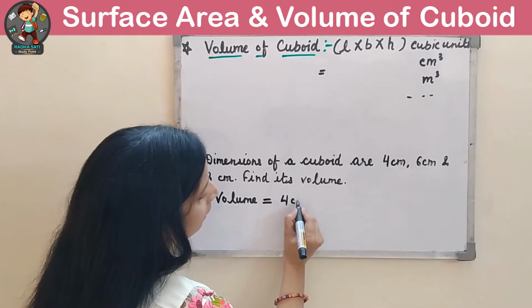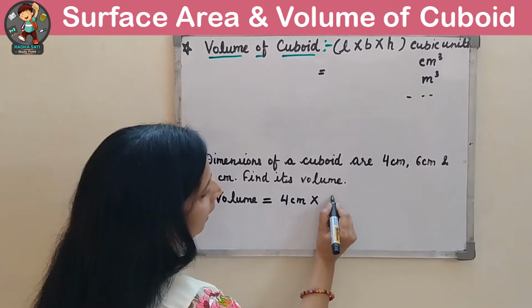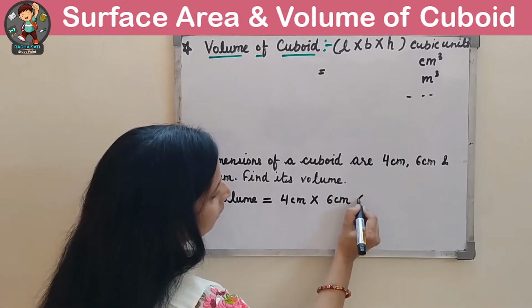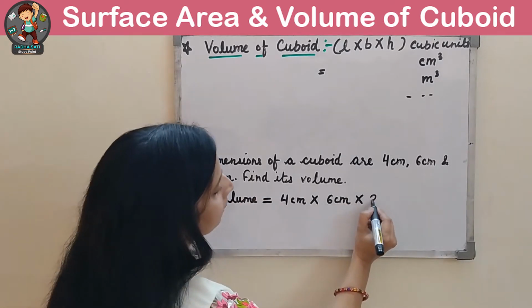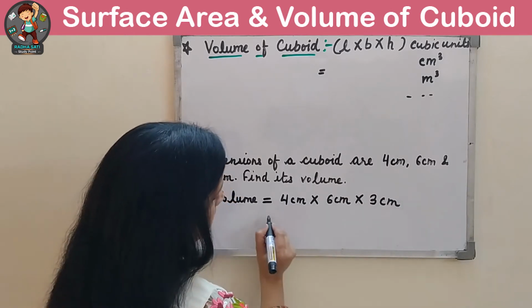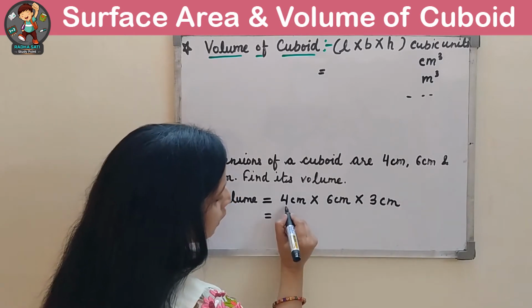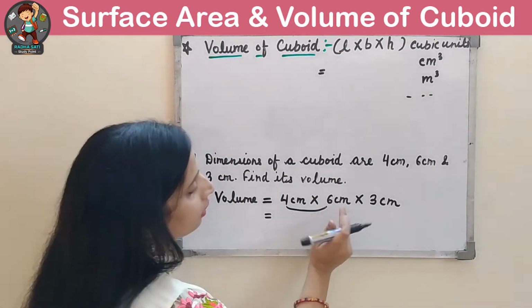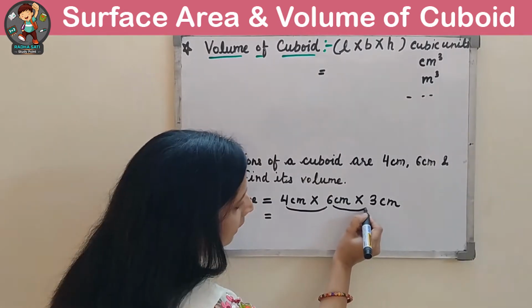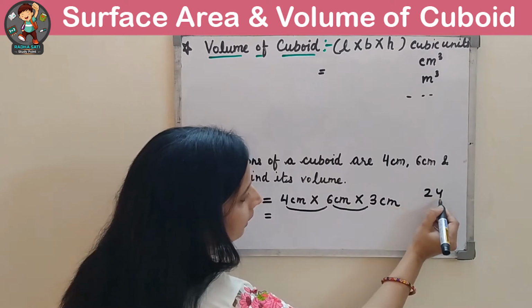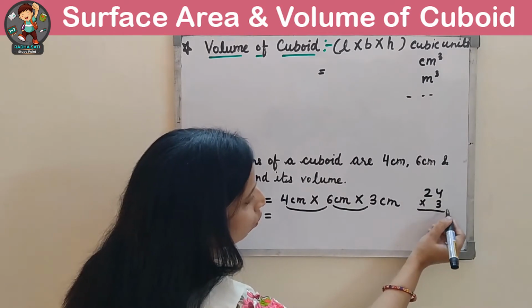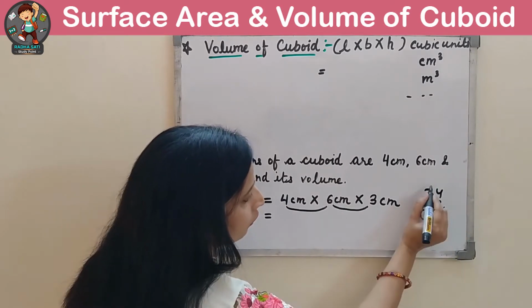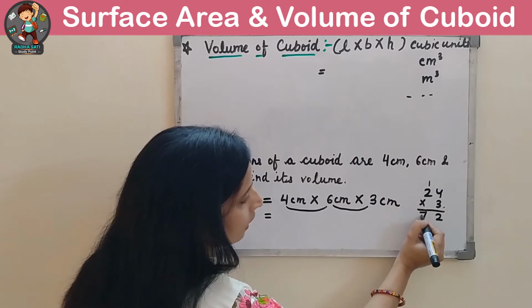So 4 cm multiplied by 6 cm multiplied by 3 cm. Now multiply 4 multiplied by 6, 24, and 24 multiplied by 3, we will get 72.